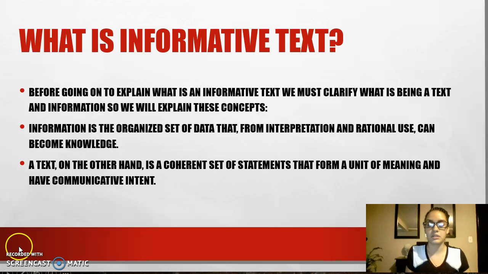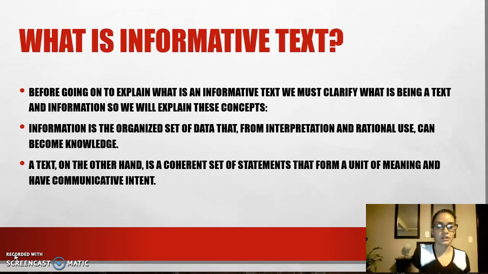What is informative text? Before going on to explain what an informative text is, we must clarify what a text and information are. So we will explain these concepts.